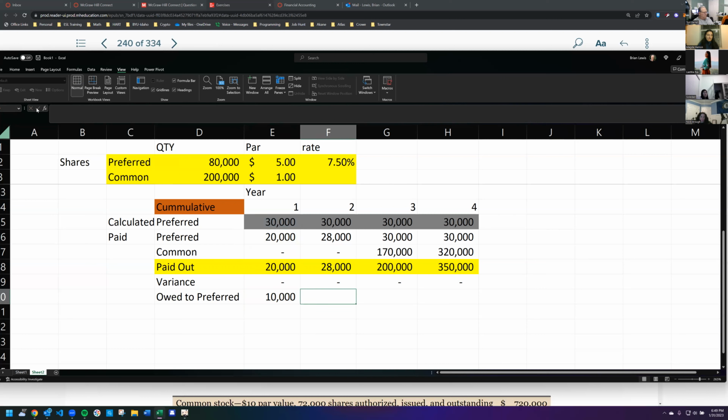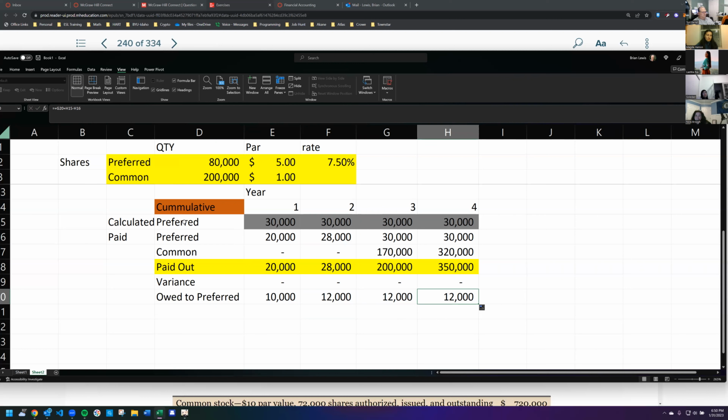And that's the first year, it's easy math. Then we're going to take that balance from the prior year and do the same thing. What did we owe them minus what we paid them? Now that I've got that formula set up for year 2, I can just copy it over and it'll carry over. You'll notice that 12,000 carries through because we paid them what we owed them for each year, in years 3 and 4.